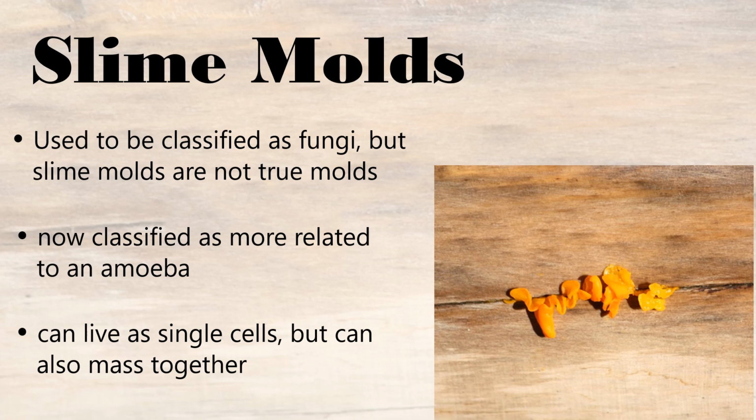They can live as a single cell, but a lot of times the way you'll see them is in a big mass of cells living together. So slime molds would be that last group. And on your note page, it says they thought they were blank, but aren't. They thought they were fungus, but not. Because you look at that and that looks kind of like a mold or a mushroom right there.